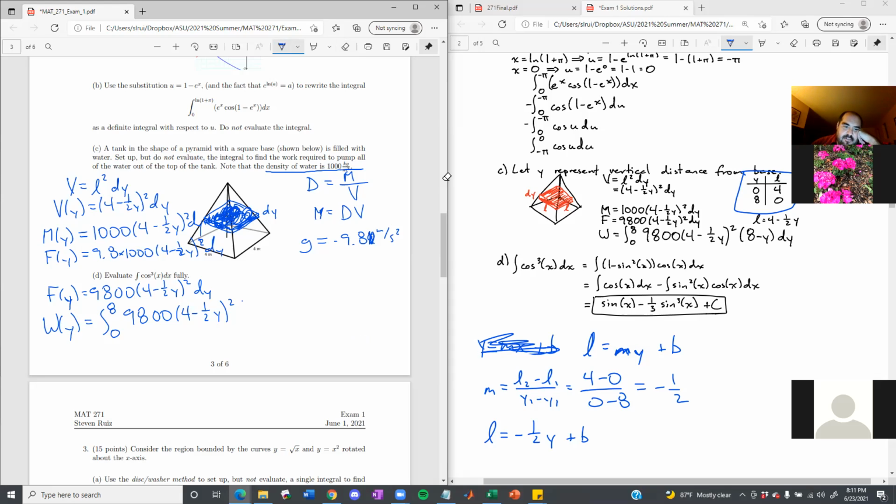Basically, it's equal to this, 8 minus y. Because if I'm moving it from the bottom, where y equals 0, I'll have to move it 8 meters. If I'm moving the water from the top, the value of y is 8 meters, so I'm not moving it anywhere. So that distance is going to be 0.